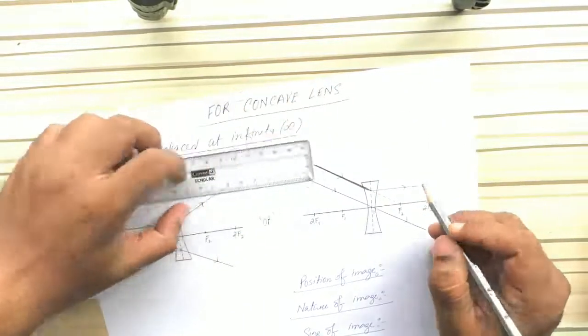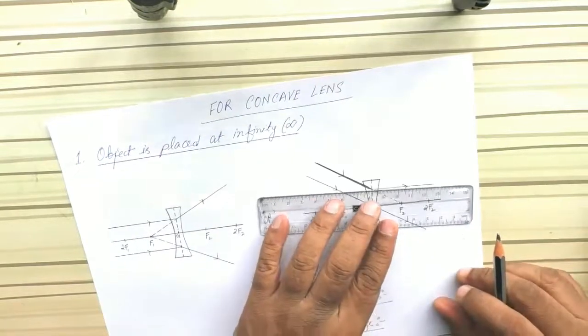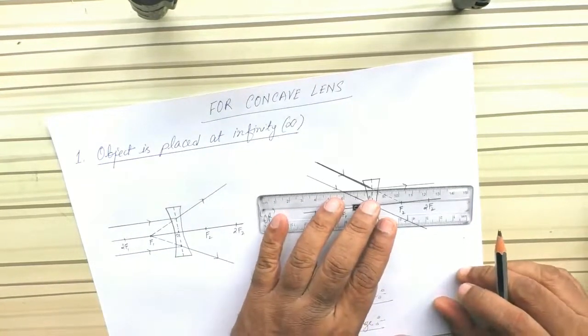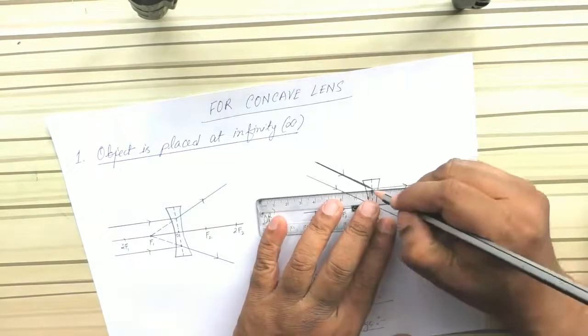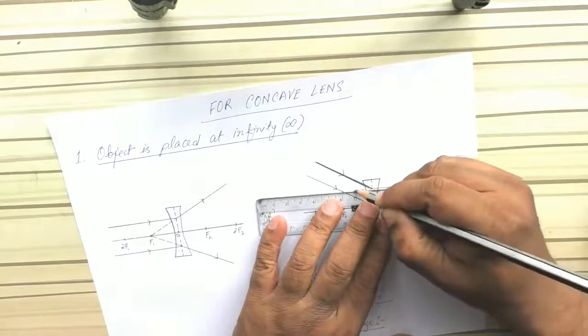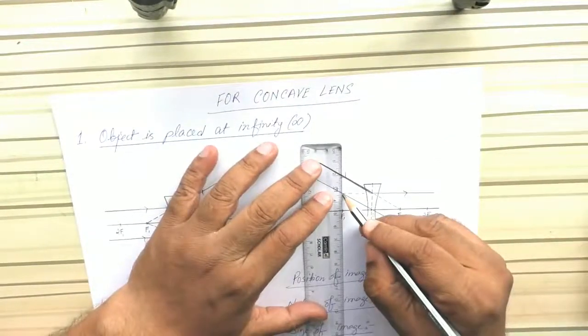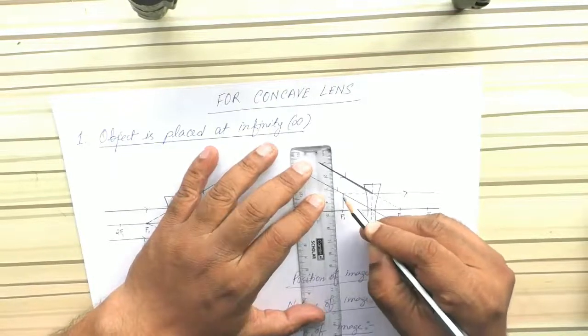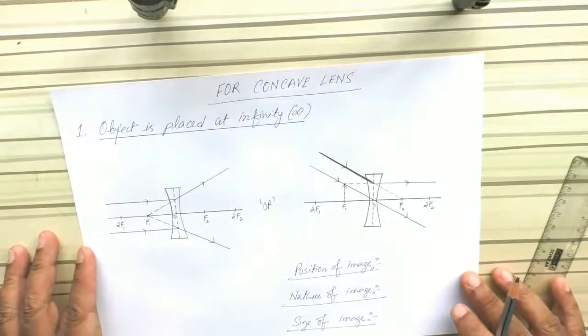And if we produce this refracted light ray back, a virtual image is obtained at focus.